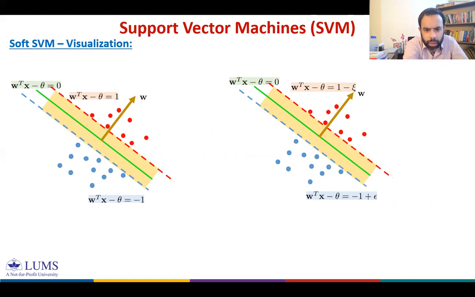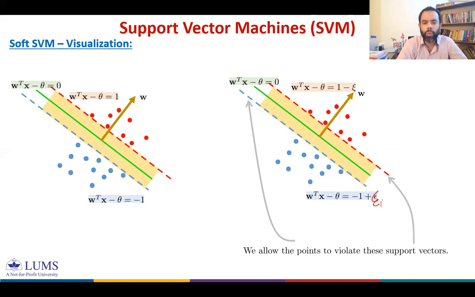Hang on, typo here. Sorry. So we allow the points to violate these support vectors. In fact, we have a different psi for each data point. Right?